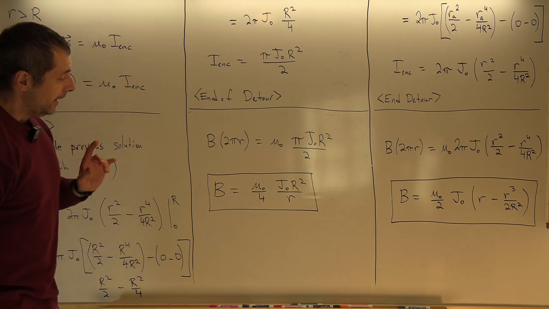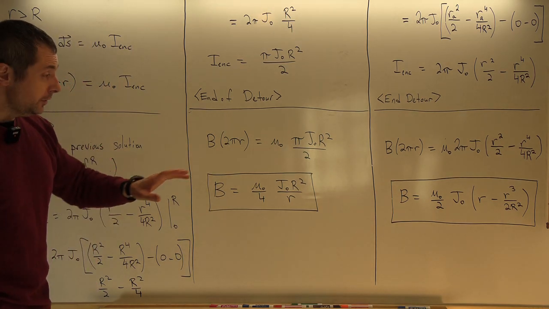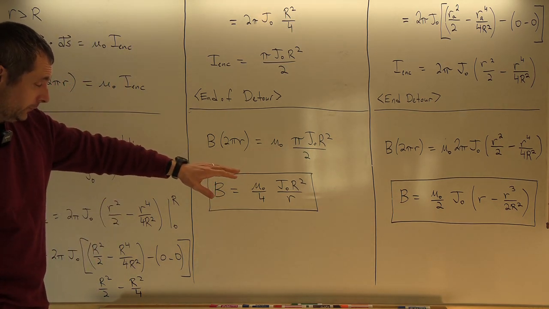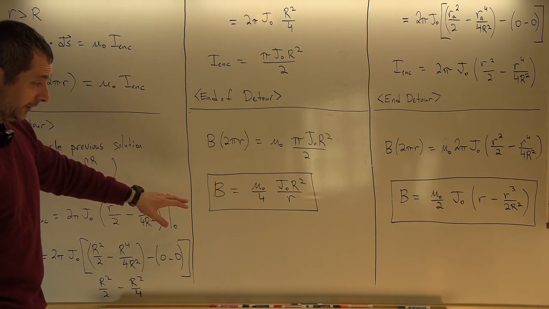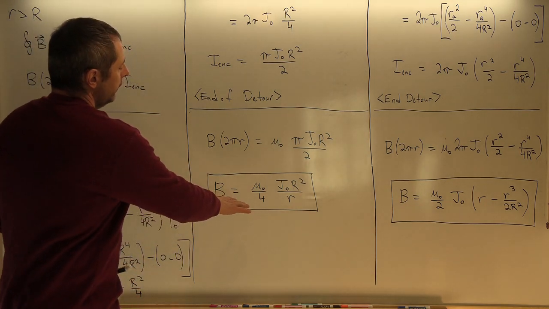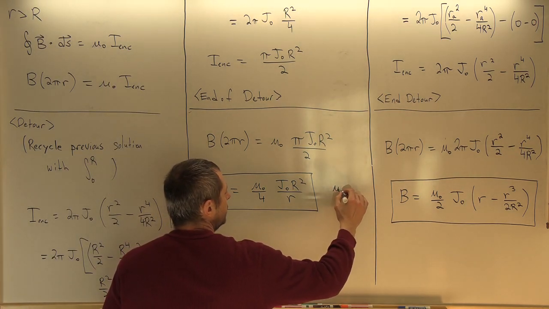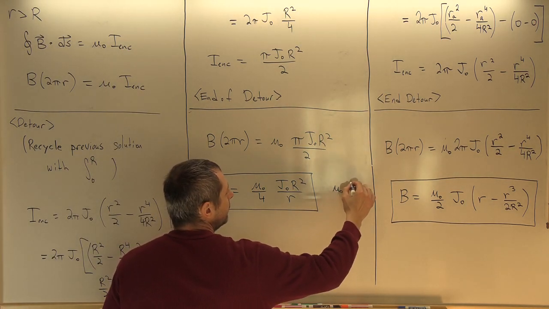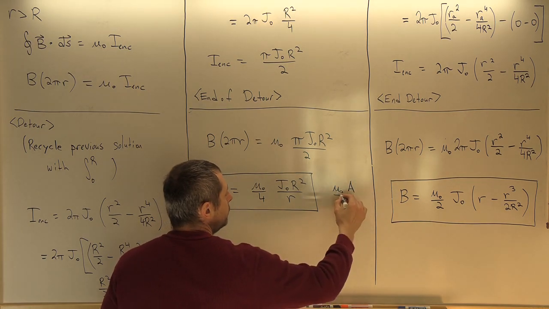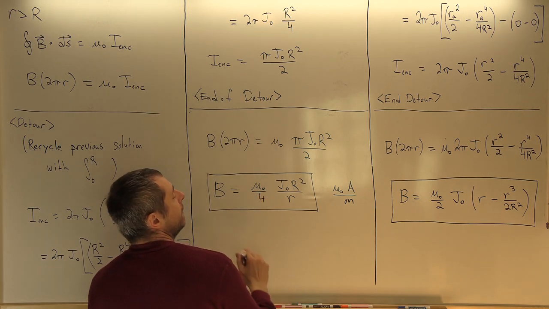All right, now I just realized I forgot to do a unit check on the previous formula, and I'm going to do a unit check on this formula. So first of all, this formula here has to match the units of mu 0 I over 2 pi r, which is amps over meters. So do I have that here?